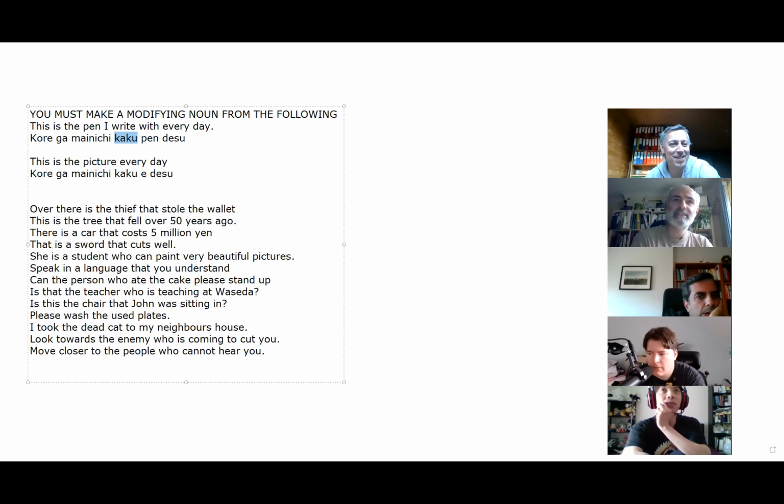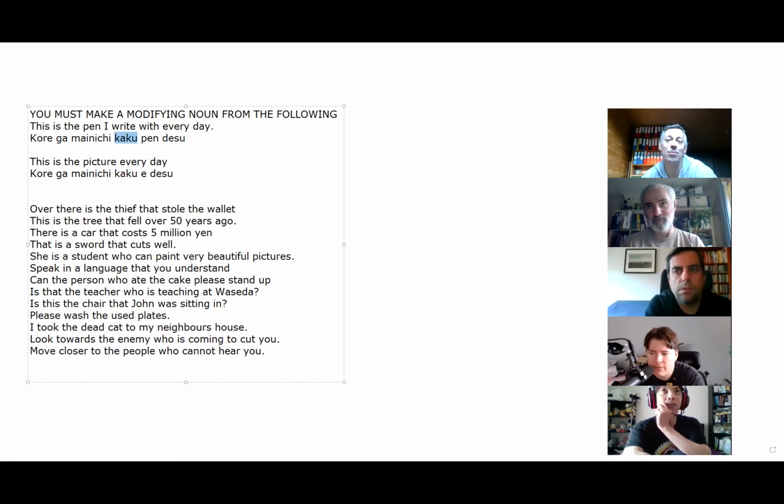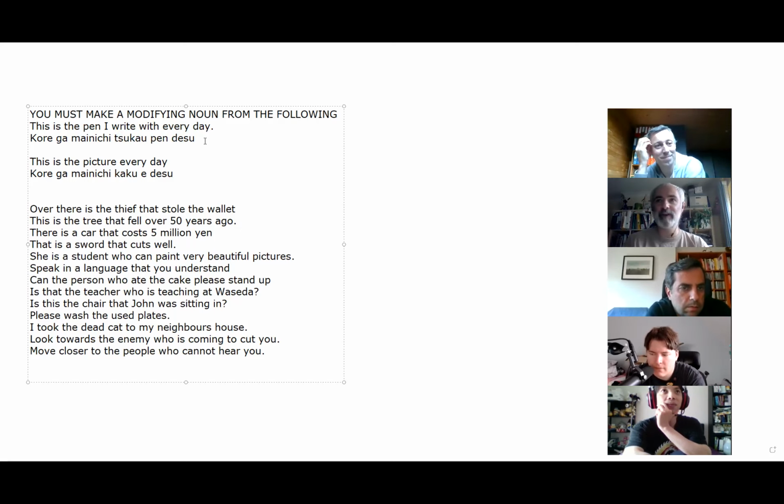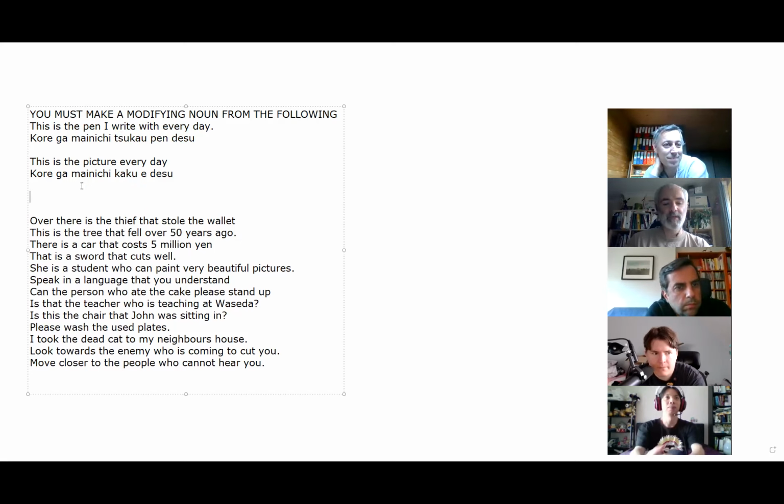But I don't know a different verb for writing with. Well, you write a letter and you draw a picture. I can use tsukau. Yeah, tsukau pen desu. So this is an artifact from English: it's inferred by with. That's writing with, not writing a pen.